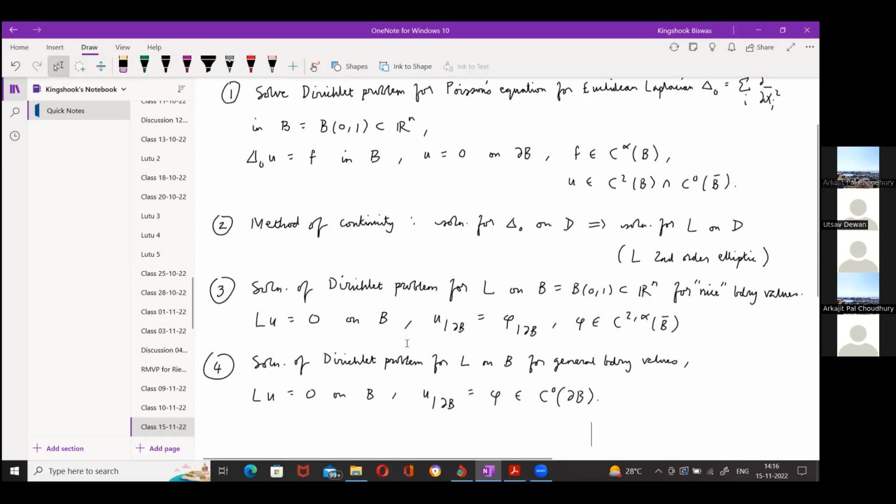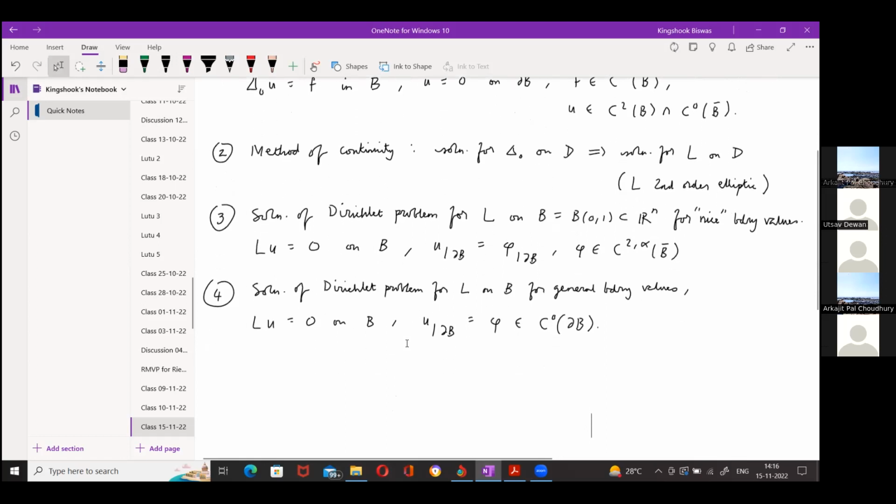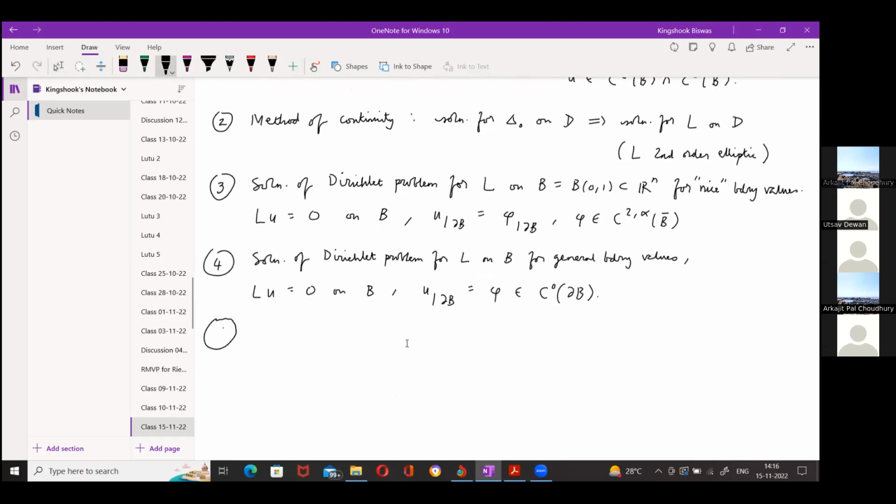Right. So once we had this, then we got the solution of the Dirichlet problem. So let me just write DP for Dirichlet problem in general. For the Laplacian on a geodesic ball in a Riemannian manifold, right? Because a geodesic ball you can identify with the unit ball in Rn, and then the Laplacian becomes identified with a second order elliptic operator on the unit ball, right?